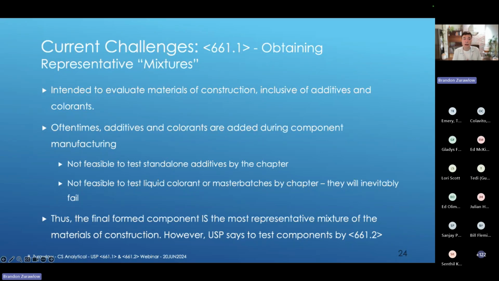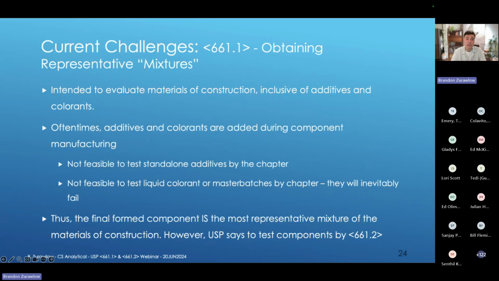However, oftentimes there are additives, processing aids, and especially colorants that are added to that mixture during component manufacturing. And so when we're buying, let's say, that base resin, and manufacturing bottles out of that resin, we're probably going to be mixing other things with that resin to form that finished bottle.